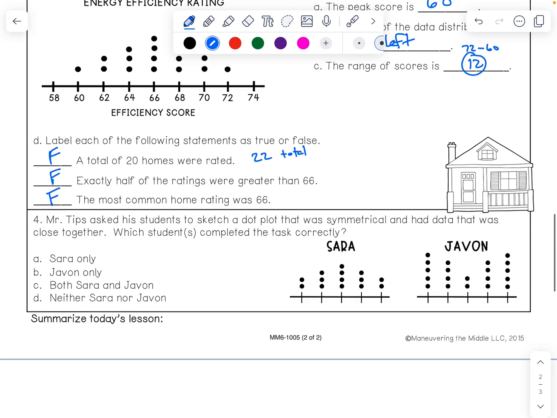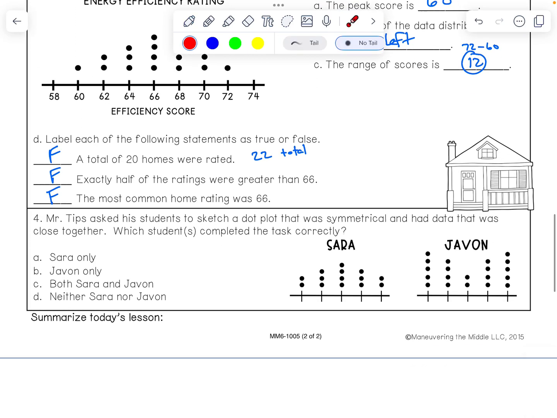Let's look at number 4. Mr. Tips asked the students to sketch a dot plot that was symmetrical and had data that was close together. Which students completed the task correctly? So I would say this one. The dot plot is symmetrical, and this one is also symmetrical, but in a different way.